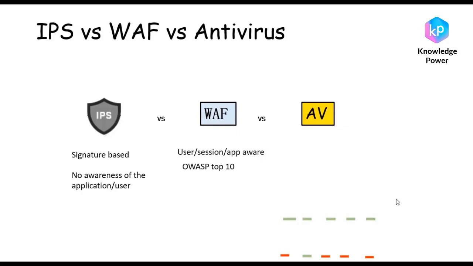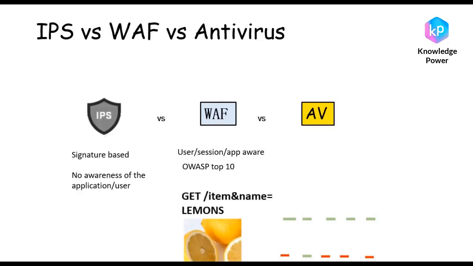Although Checkpoint has some features related to that, they are in a really limited way. So just a quick example of how machine learning can be used in a web application firewall and can actually protect your application without having a signature.